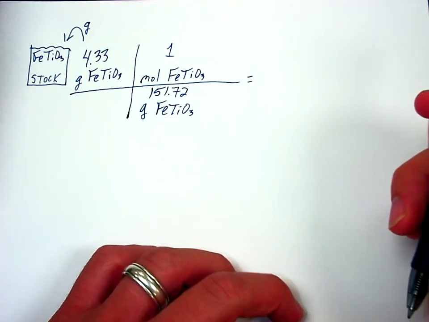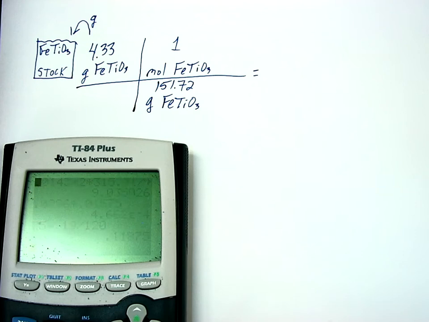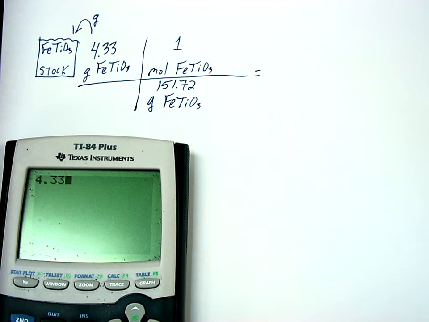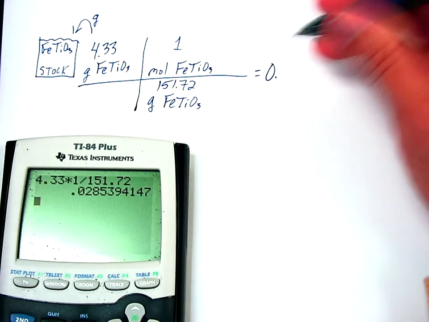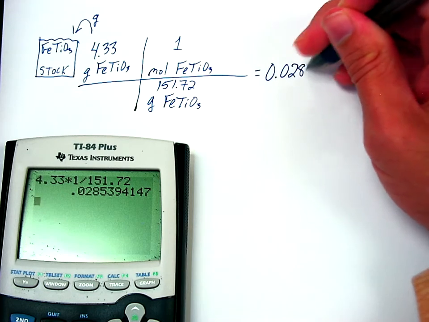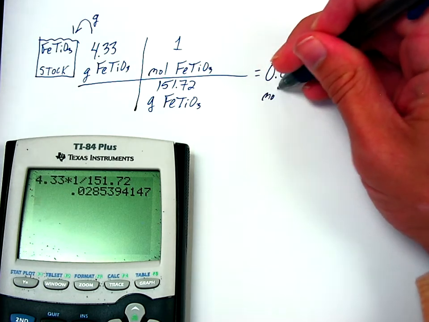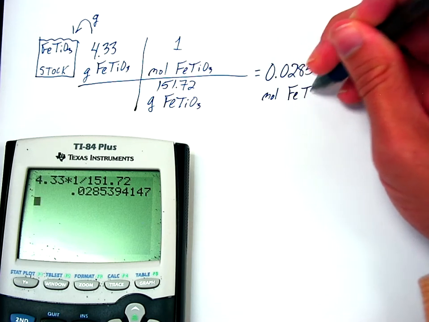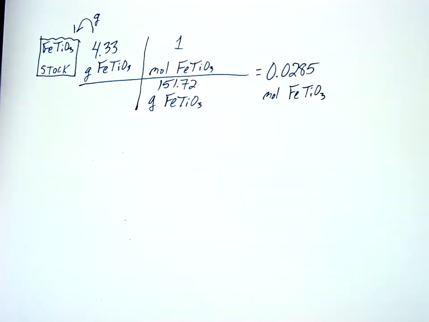For those of y'all who I've been told like to watch the work on the camera, it's 4.33 times 1 divided by 151.72, and I'm going to get 0.0285, and that is moles of the FeTiO3.